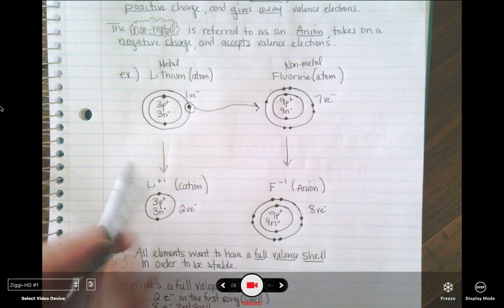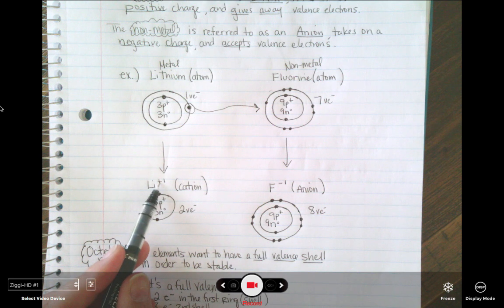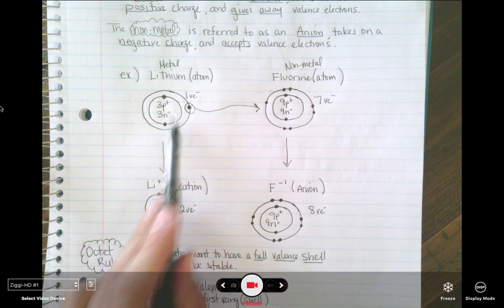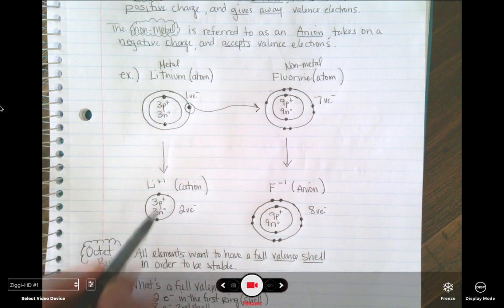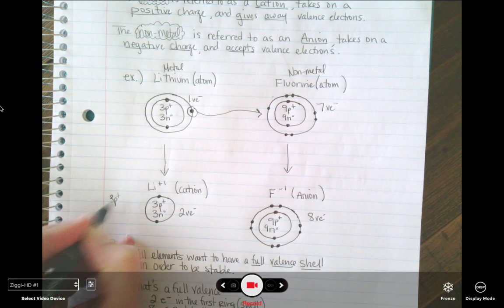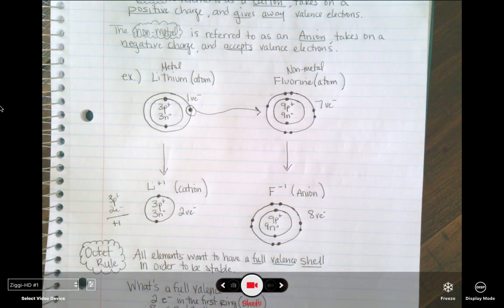And what that looks like is lithium, because it gave away an electron, now has 3 protons but only 2 electrons, which makes it more positive than it was as the atom, because you had 3 protons and 3 electrons here, so everything canceled out. But as the cation, you only have 2 electrons for every 3 protons, so you end up with an extra +1 charge.